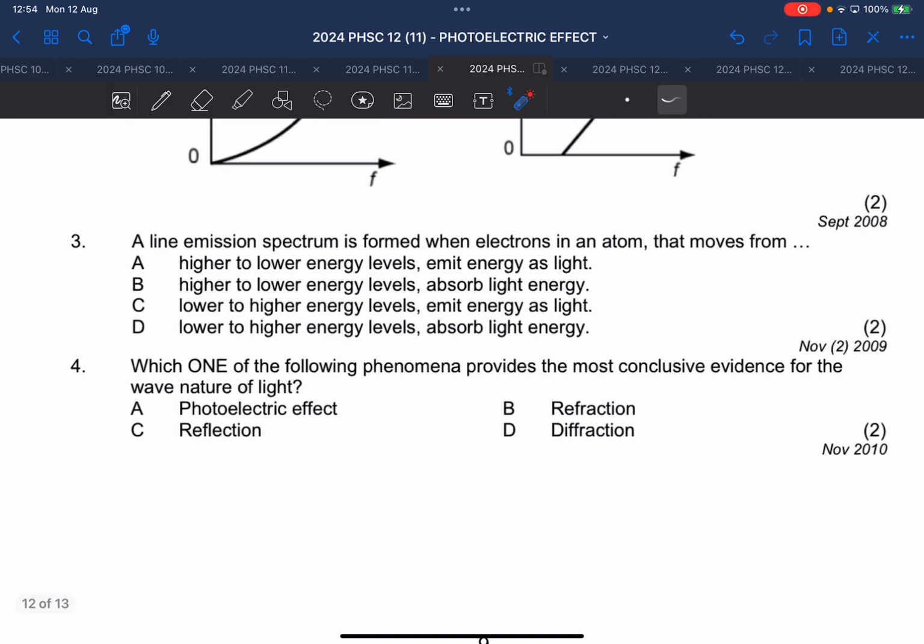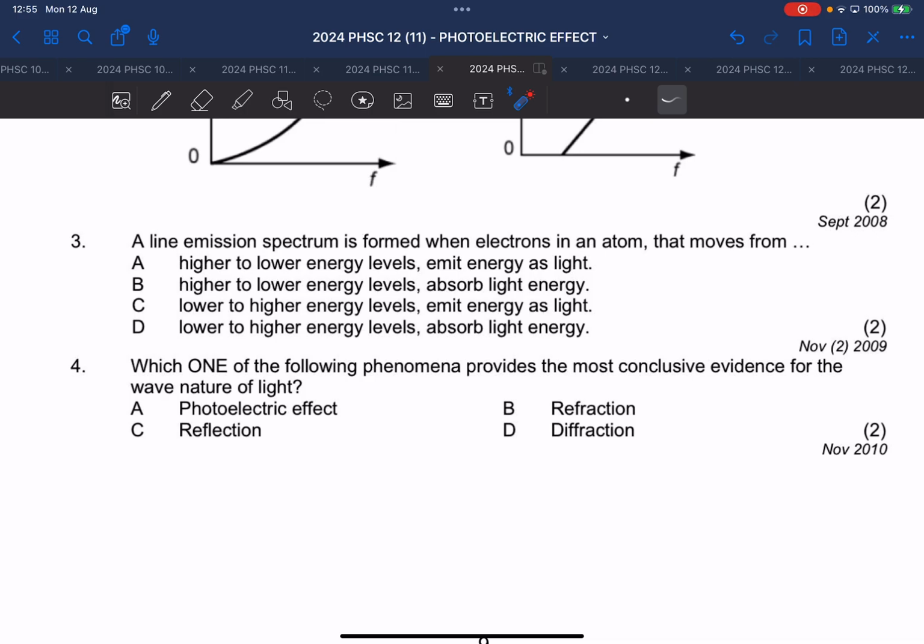Next one. A line emission spectrum is formed when what? Emission does what? Is it energy released or energy absorbed? Emission, energy released. So that means when you go from a higher to a lower energy level, because then it gives away the energy.